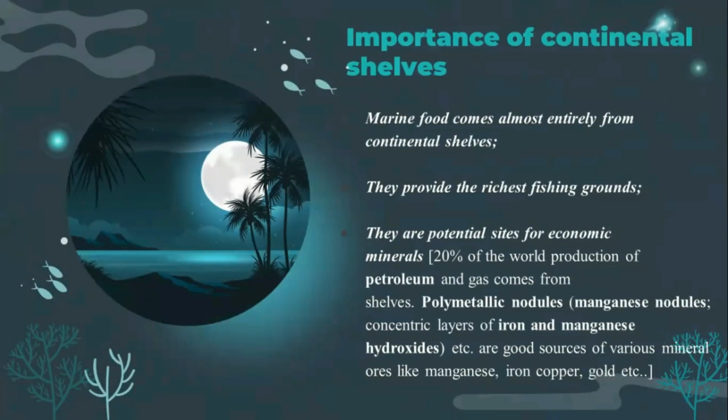Now, what is the importance of continental shelves? Continental shelves are very important. First of all, various marine food comes almost entirely from these continental shelves, and they provide the richest fishing ground. Why do they provide the richest fishing ground?